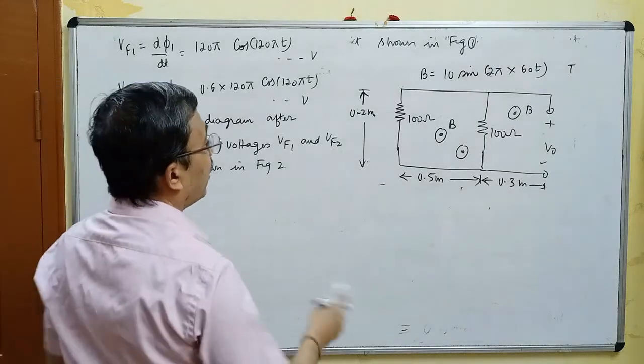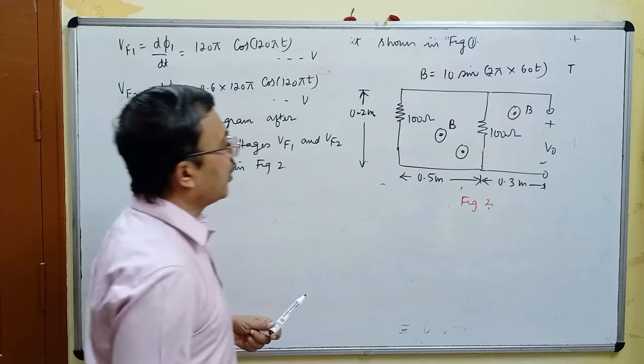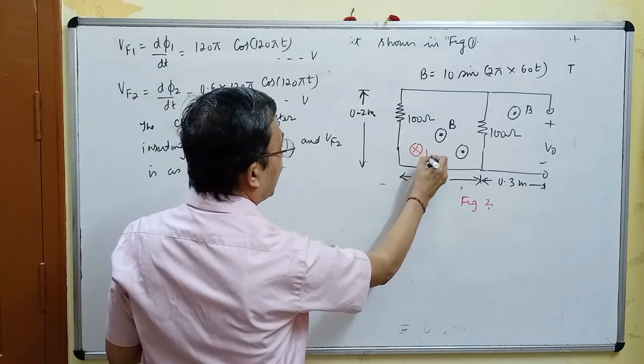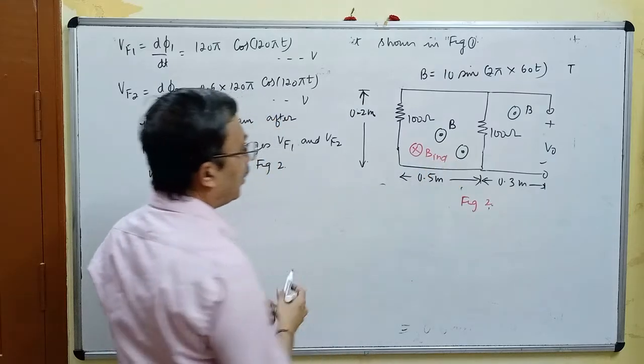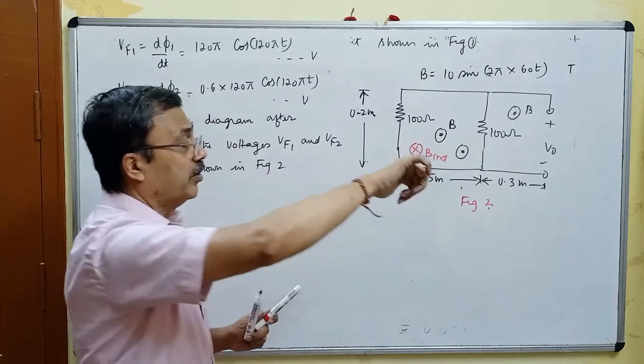This I call figure number 2. You have to draw a separate figure number 2. This is the direction of the original magnetic field. This has to be the direction of the induced magnetic field. Again apply the right hand rule. The thumb should be in the direction of B induced. This is the thumb induced.